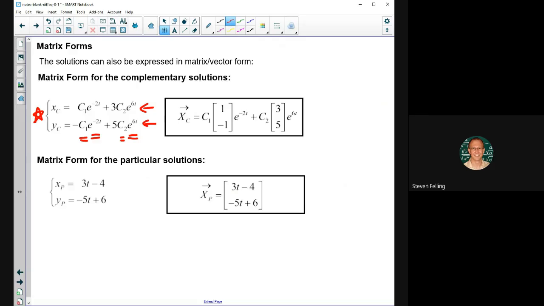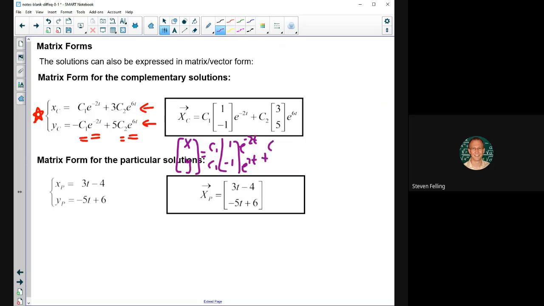If I wanted to write this back out again, you could say, all right, I've got this matrix. Let me use a different color. So this matrix here is xy. We have a C here that's going to be multiplied by everything over here. And we've got this matrix 1, negative 1. And then this is copied for both of these, if you want to think of it like that.